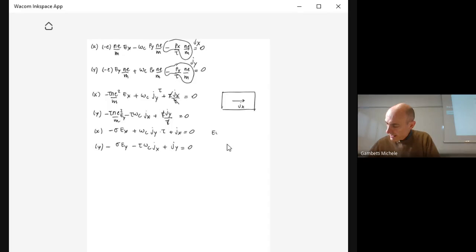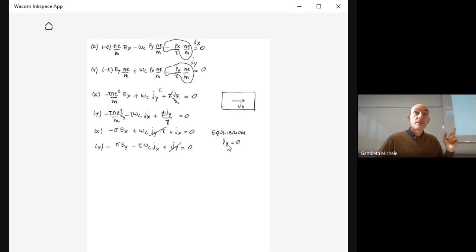So at the equilibrium, that means when the intensity of Ey is such that the effect of the Lorentz force is counterbalanced by Ey, we have Jy equal to 0. Since Jy is equal to 0, we can remove that from the first and the second equation.